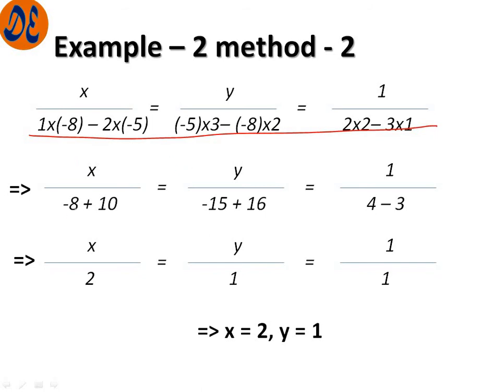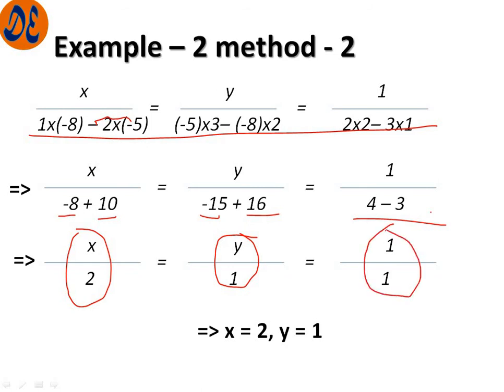So now if you solve, -8 and this one, minus and minus plus 10, here again -15 and minus plus 16. So we are getting x by 2 is equal to y by 1 is equal to 1 by 1. Again if we take this one and this one, we get x is equal to 2, and if we take this one and this one, we get y is equal to 1.